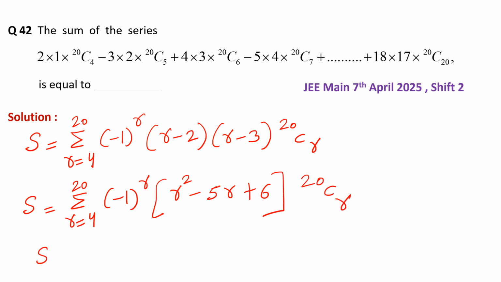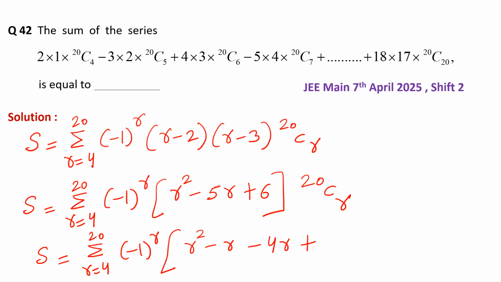Now students, this can further be written as S equal to summation r varying from 4 to 20, (minus 1) to the power r into. Now I am writing r square minus 5r as r square minus r minus 4r, and then we have plus 6, and outside the bracket it is 20Cr.